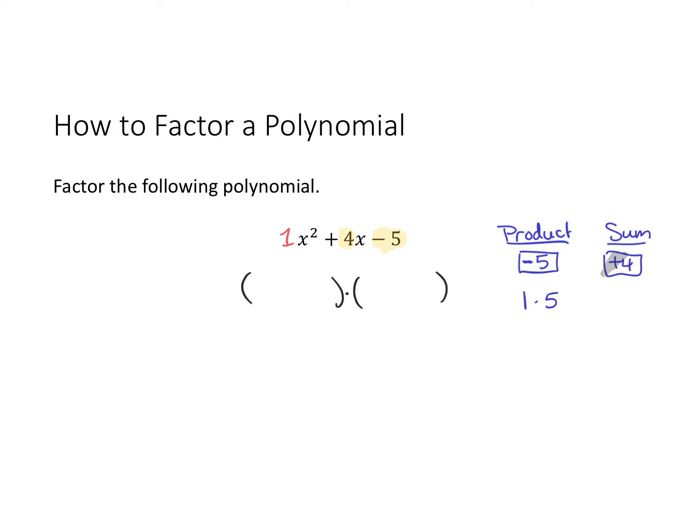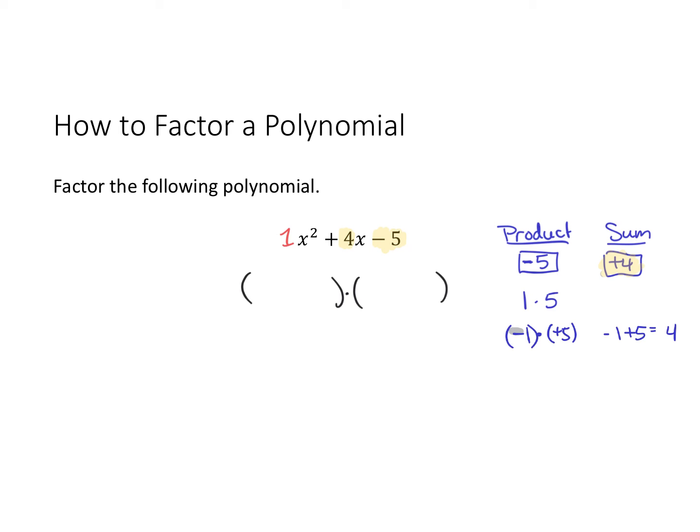So notice here we're looking for a sum that's positive 4. So to get that positive 4, we would want to make the 1 a negative and then make that 5 a positive 5. So then negative 1 times positive 5 gives us negative 5, but negative 1 plus 5, right, equals 4. So those are the factor pairs that we're going to use.